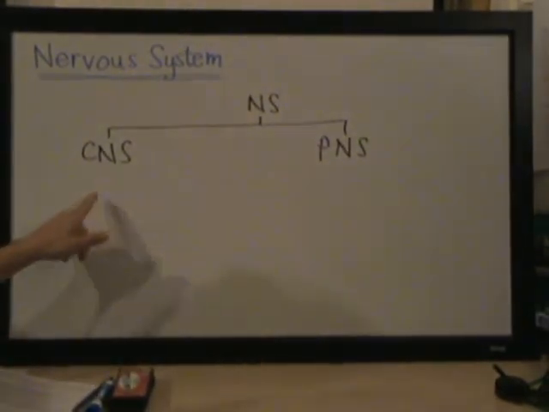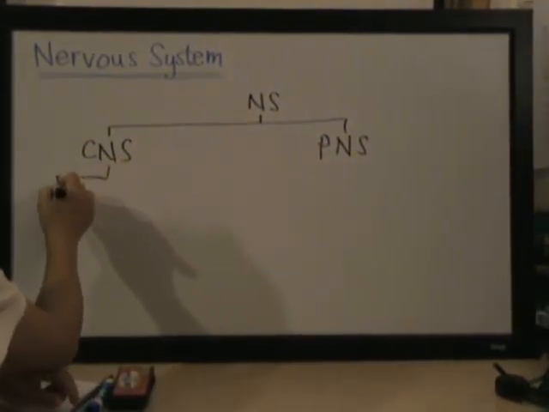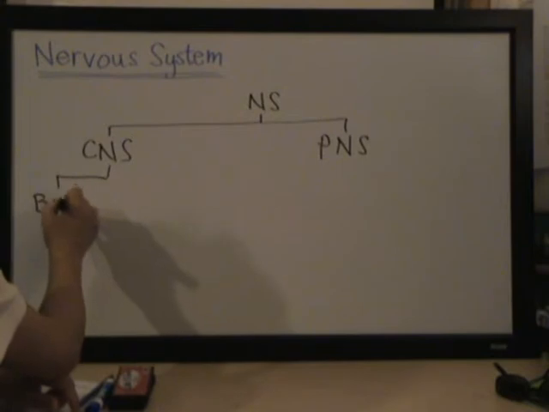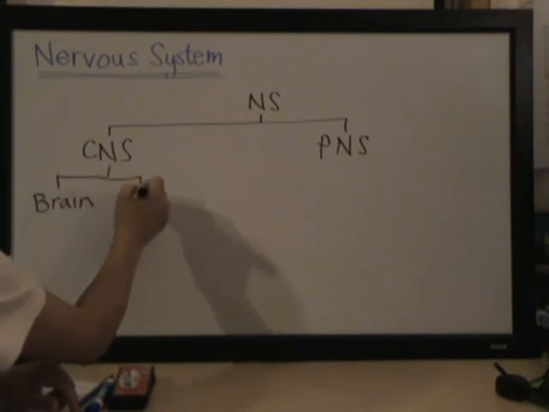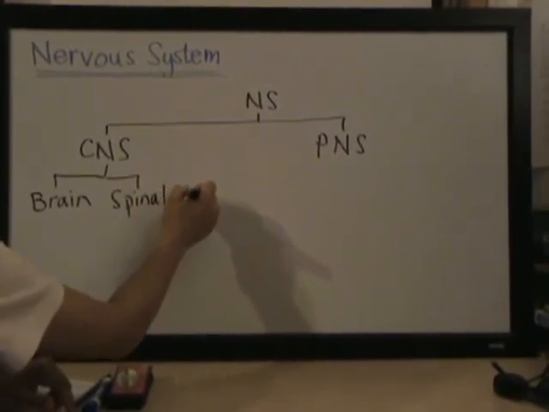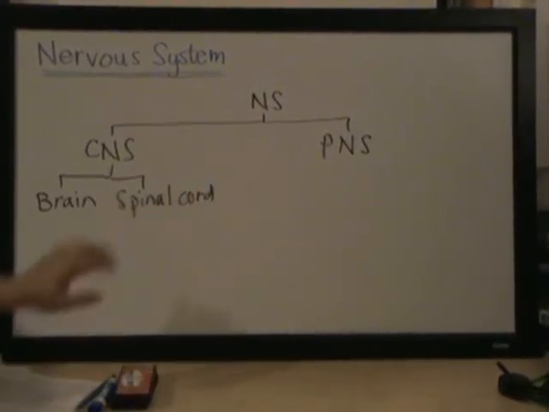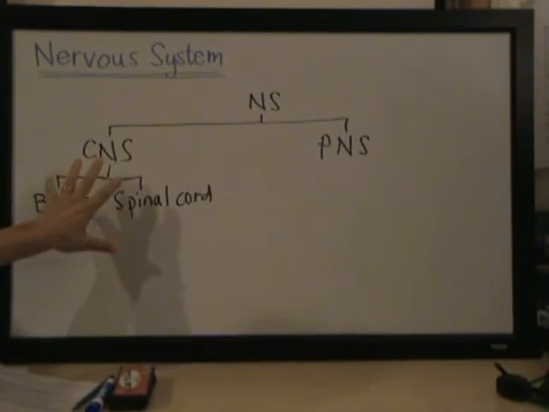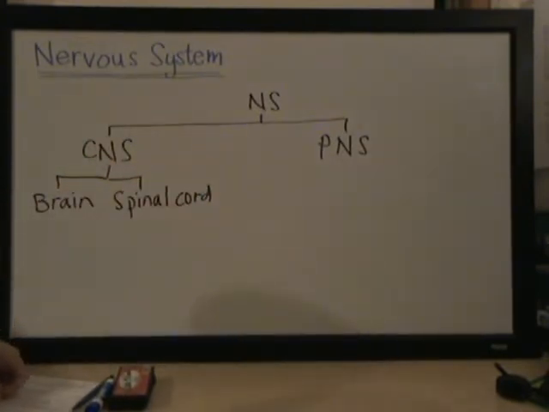The central nervous system is made up of two components: the brain and the spinal cord. Everything outside the brain and spinal cord is considered part of the peripheral nervous system.